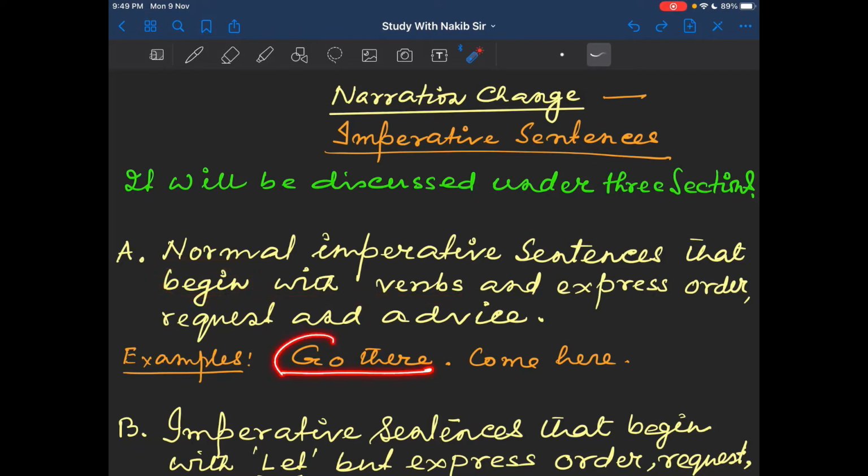Go there. Go is the verb. This sentence begins with go. And see the next example. Come here. This sentence also begins with the verb. So these are the normal imperative sentences that begin with the verbs and express order, request and advice.